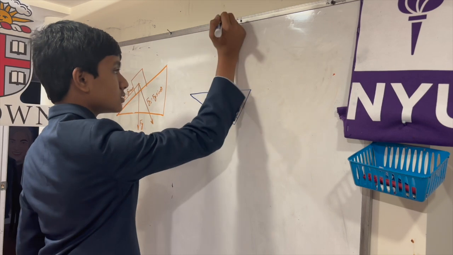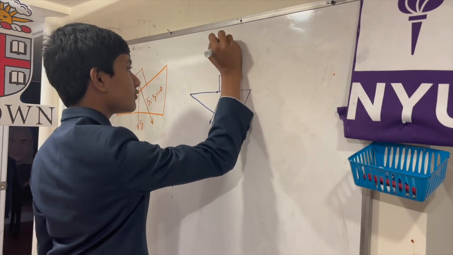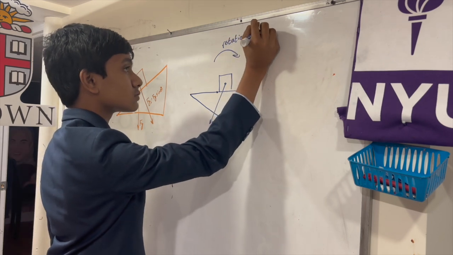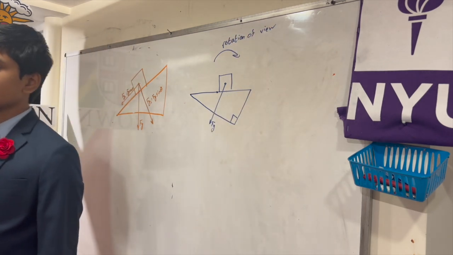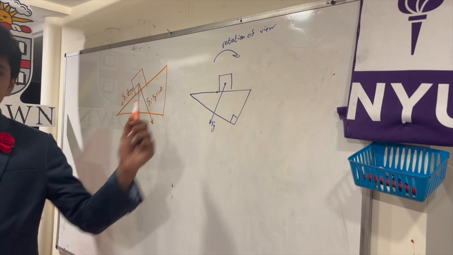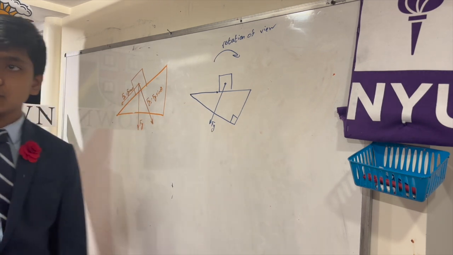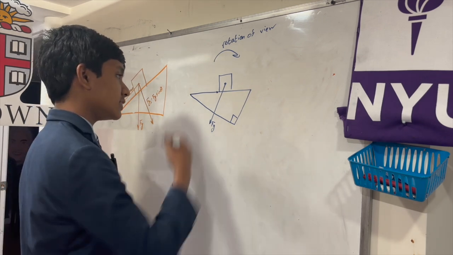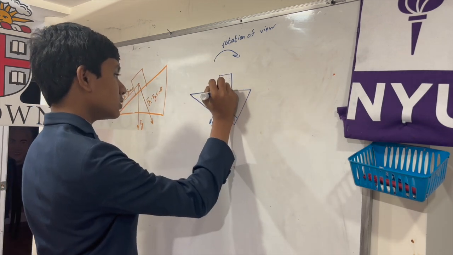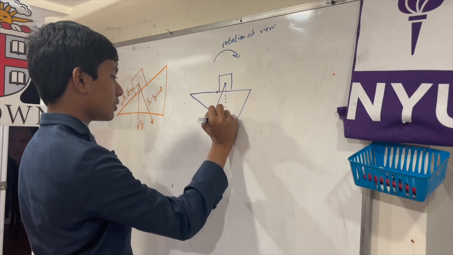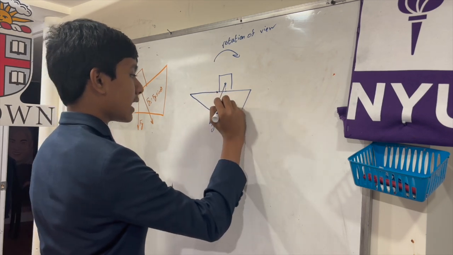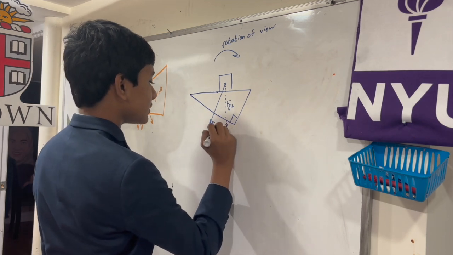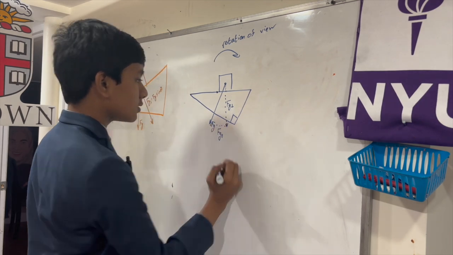Okay, so rotating our view. Can you tell the audience what you are doing? Yeah, we're proving that FG parallel is equal to FG cosine theta and FG perpendicular is equal to FG sine theta. So what are our two components? This is FG perpendicular and this is FG parallel.